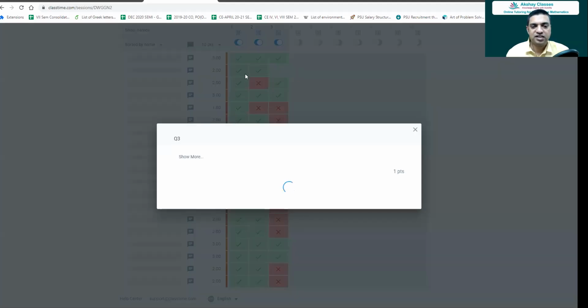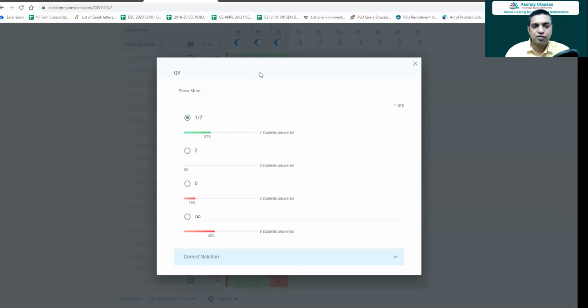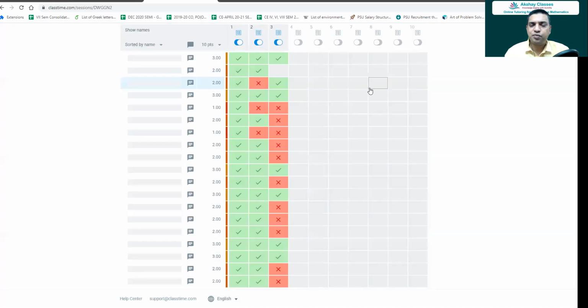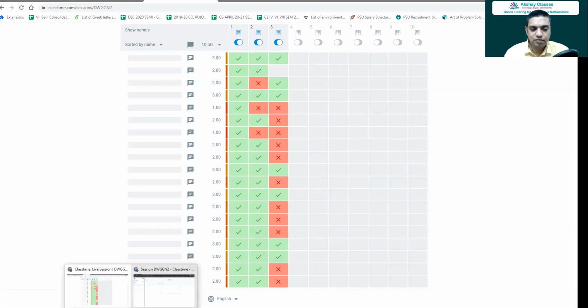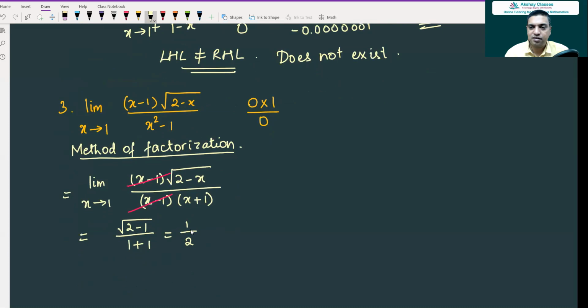So this is the score. 7 students answered correctly, 11 made a mistake. So you look into it. This was a simple problem on factorization. All right. This is a problem on factorization. Next.